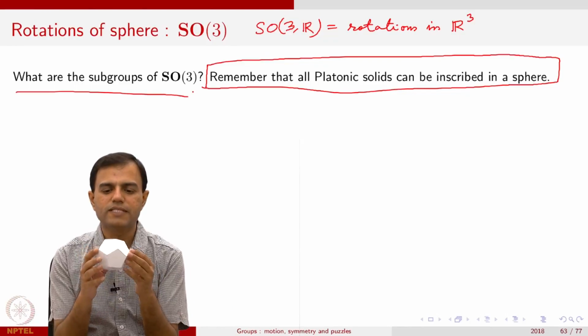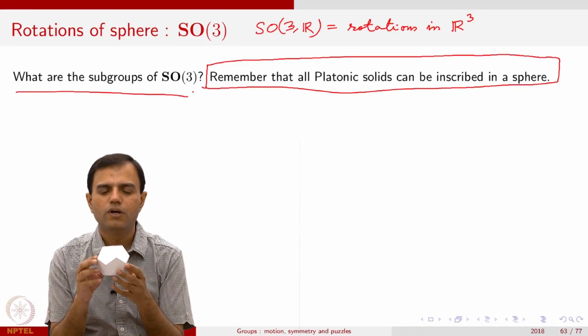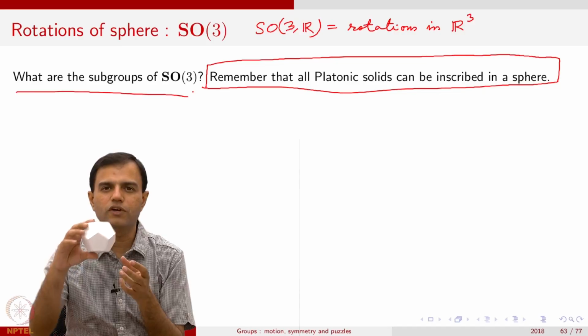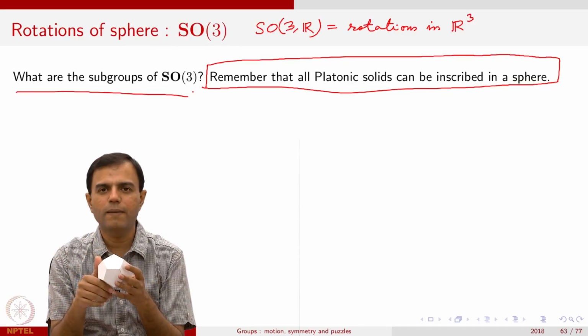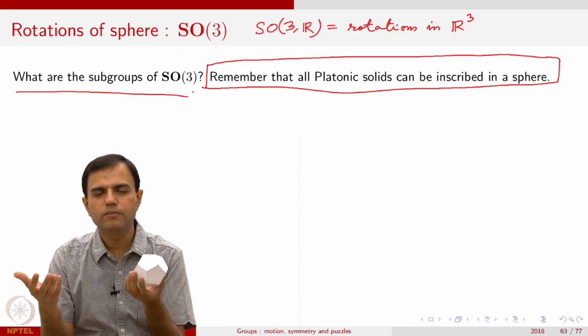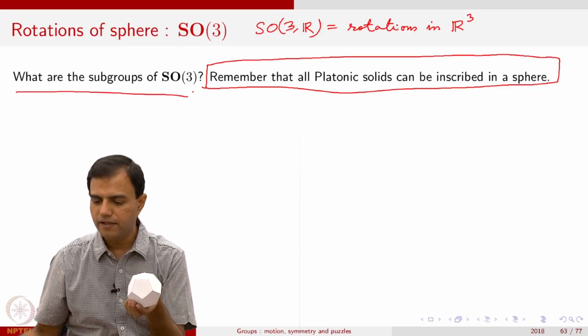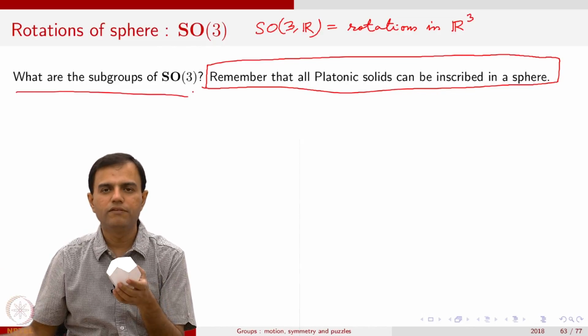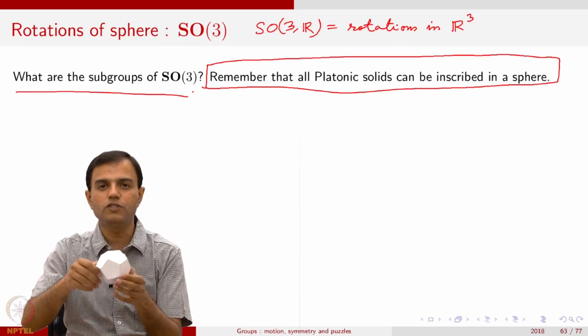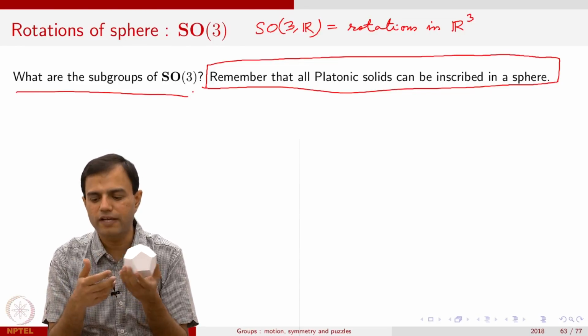So if I put them inside the sphere and I do all the operations which are symmetric for these objects, I am actually rotating the sphere. That is, I am considering these symmetric operations of these objects as elements of SO3.